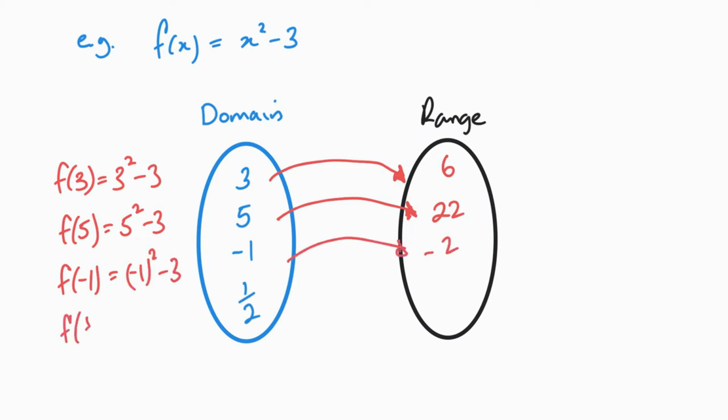And then the final one here, substituting a half: half squared is a quarter, minus 3 would be minus 2 and 3/4. Or I could have written that as an improper fraction, as minus 11/4.